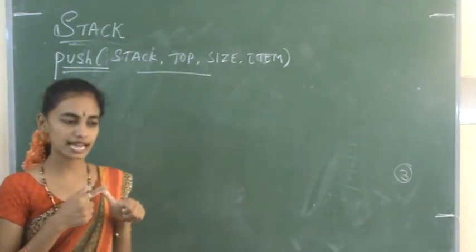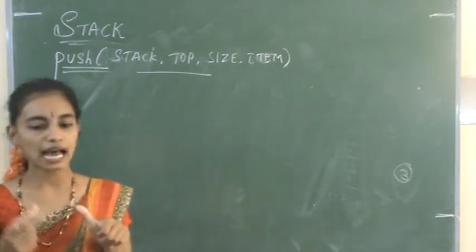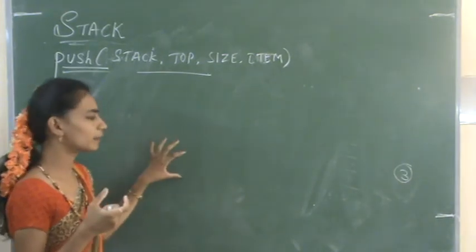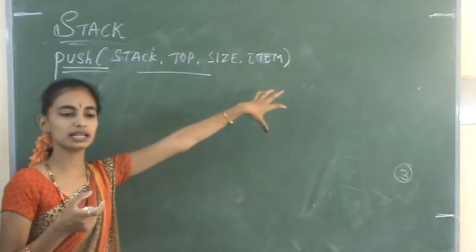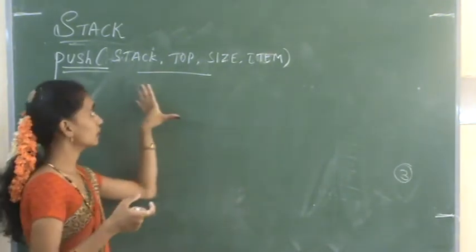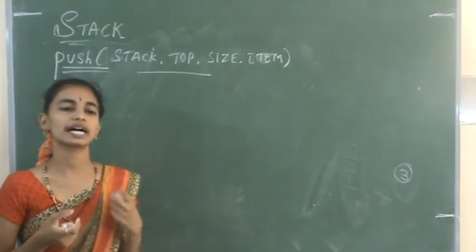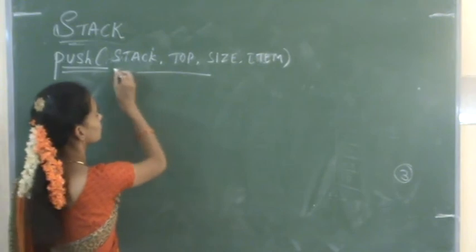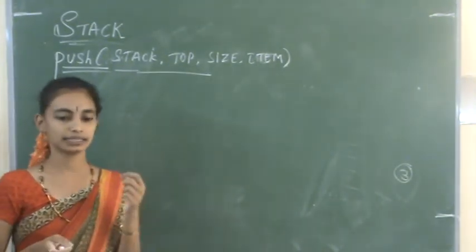One is stack. Stack means it is an array that contains n number of elements. So we are representing that stack using arrays, right? And we are using top. This top is the top element in the stack.